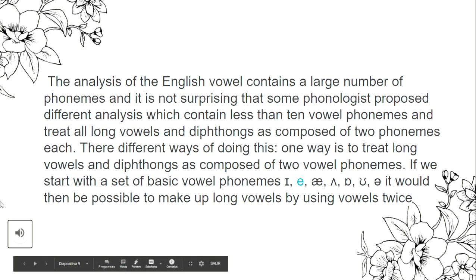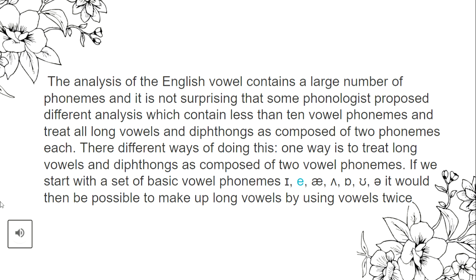The analysis of English vowels contains a large number of phonemes, and it is not surprising that some phonologists propose different analyses, which contain fewer than 10 vowel phonemes, and treat all long vowels and diphthongs as composed of two phonemes each.